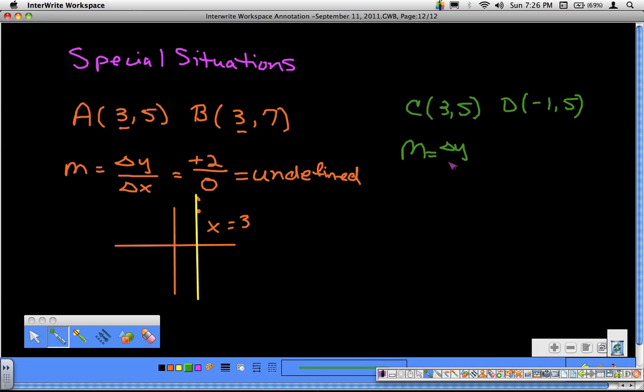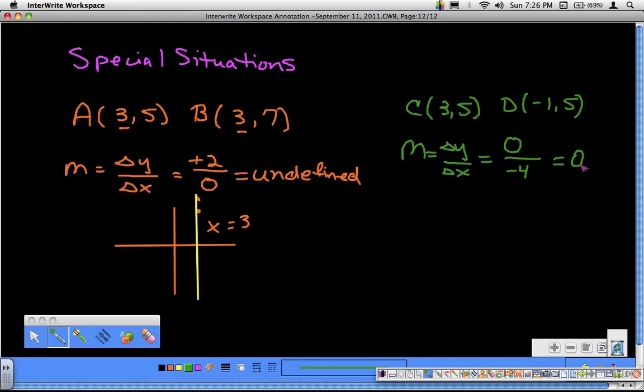So the y's from 5 to 5, they don't change, so that's a 0. The x's from 3 to negative 1, they go down 4. Now 0 divided by anything is 0. So this time we actually do have a slope, it just happens that the slope is 0.